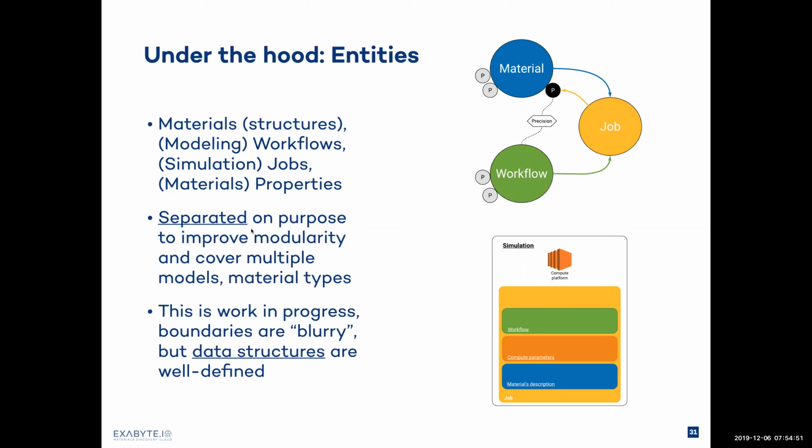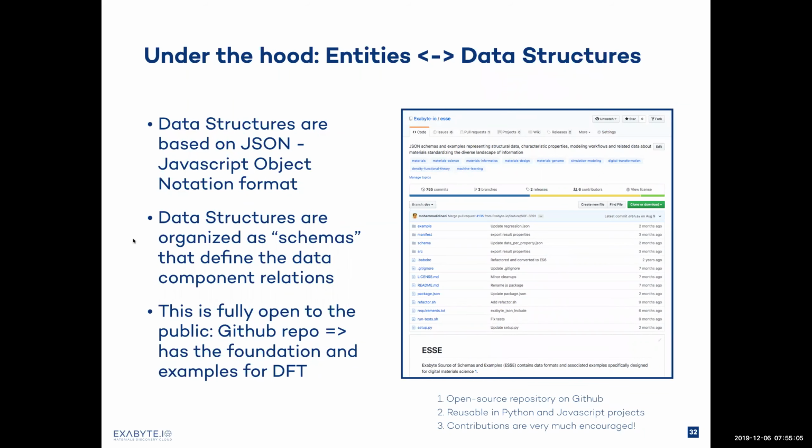These entities are separated on purpose to improve their modularity and cover multiple model types and material types. And this is work in progress. Sometimes the boundaries could be blurry, but the data structures are very well defined. And they're defined based on the JavaScript Object Notation format, JSON. Data structures are organized as schemas that define the data component relations and are implemented inside this open source repository on GitHub.